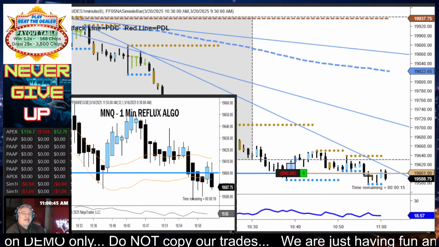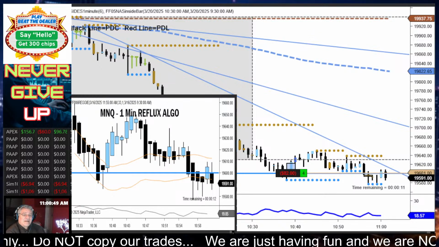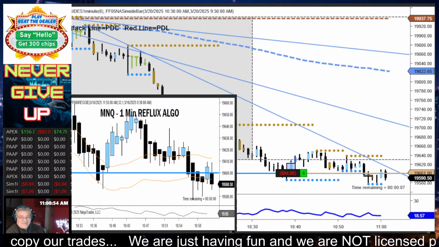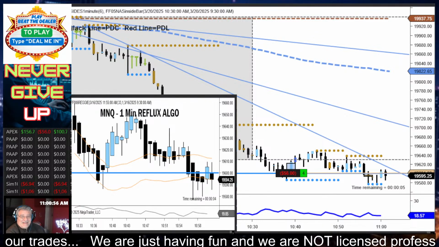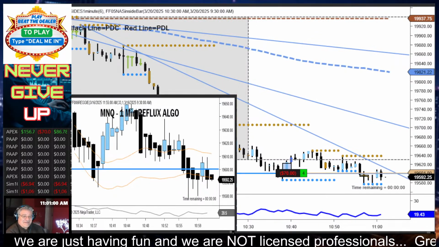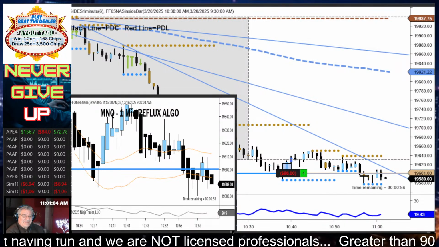Didn't hit 84 yet. I'd kind of prefer if it's going to stop me out to hit 84 right away and then stop me out, rather than leaving me exposed for another full 1 minute candle. Now I'm exposed for another 1 minute candle.